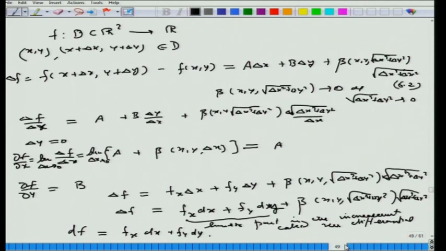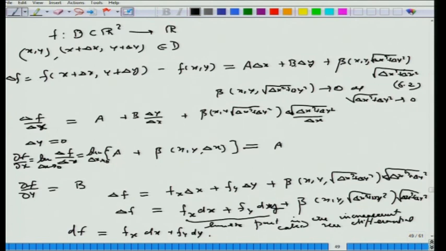Let us in particular take a function of two variables x y, and assume that f is defined from a domain D in R2 into R, and assume that x y and x plus delta x and y plus delta y are points in D. Then the variation delta f is equal to f of x plus delta x comma y plus delta y minus f x y, and we say that f is differentiable if and only if this delta f, the variation in f, is equal to the following.